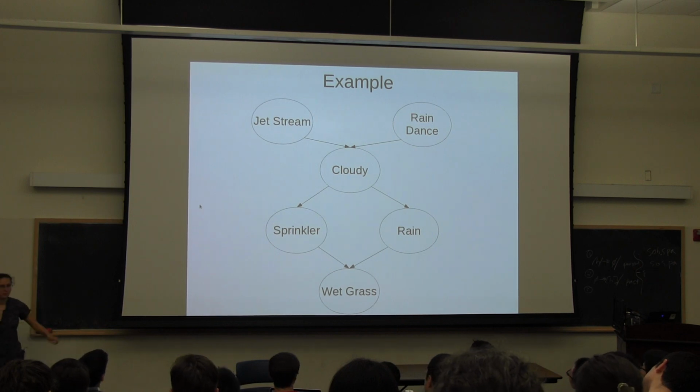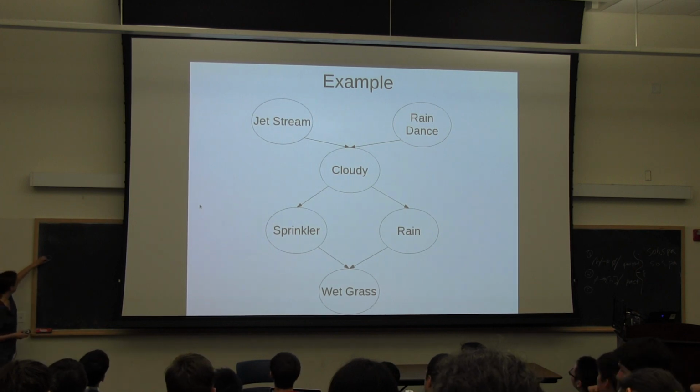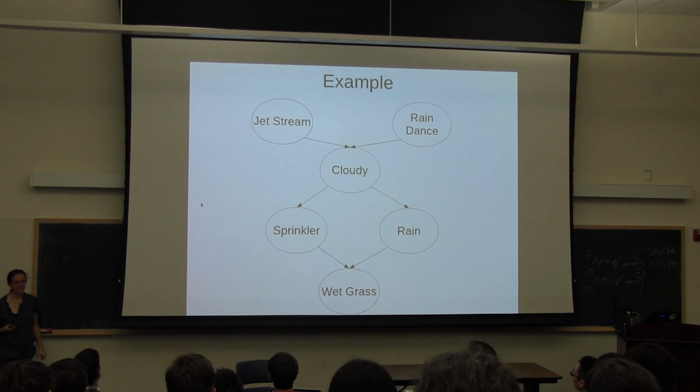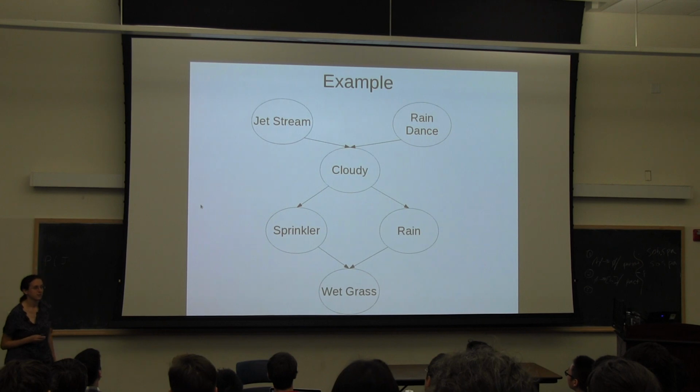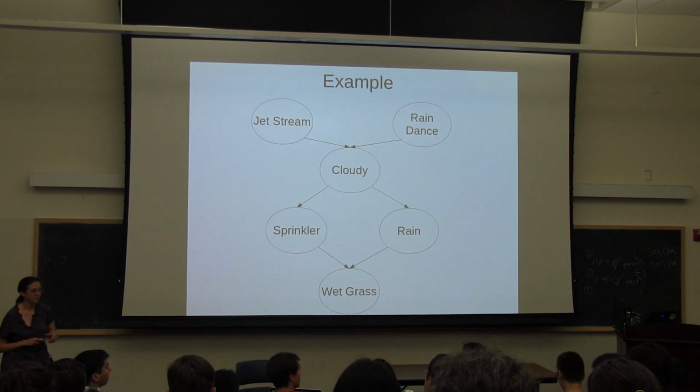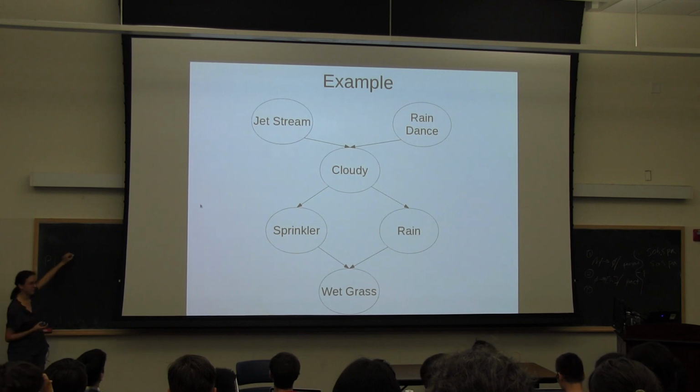So how are we going to do this? Let's define some variables. What's the unfactored joint? It's the probability of what? Not a trick question. Yeah, R, for rain dance.